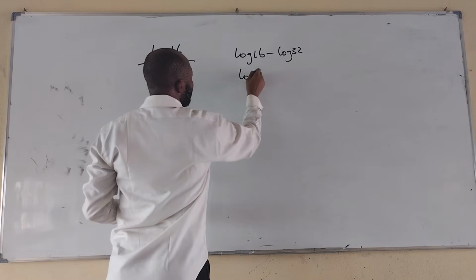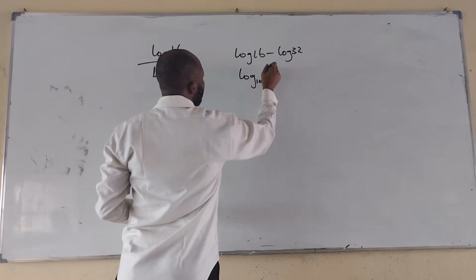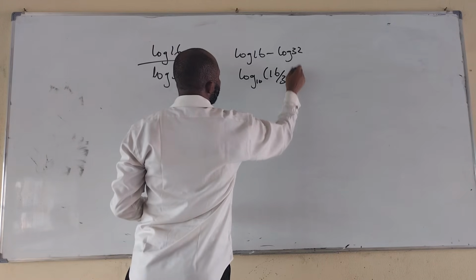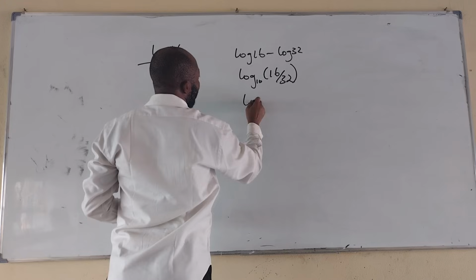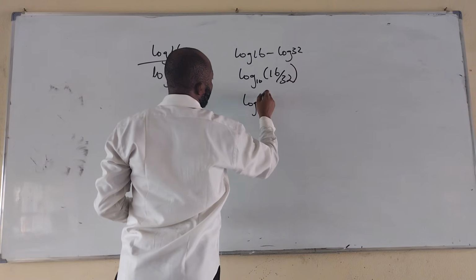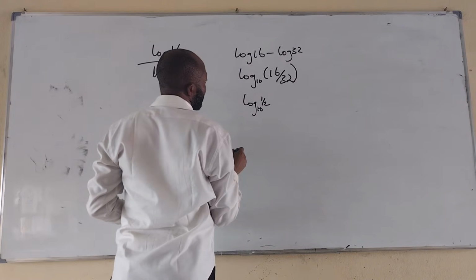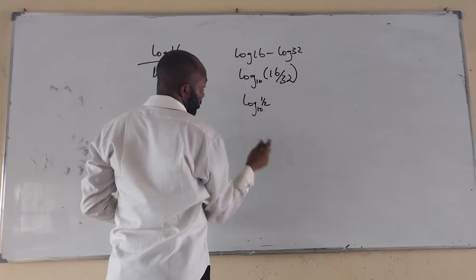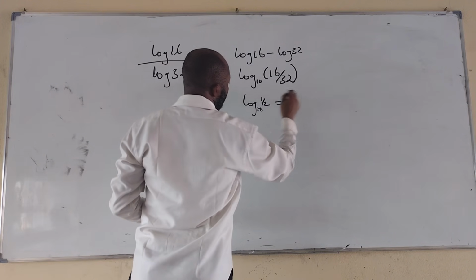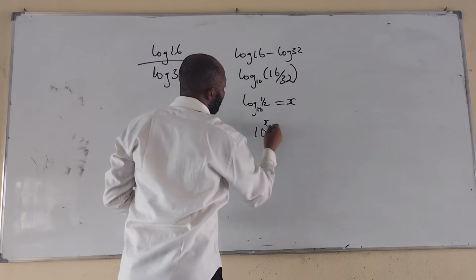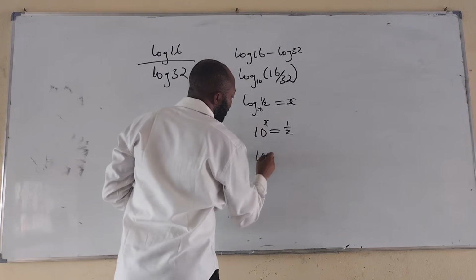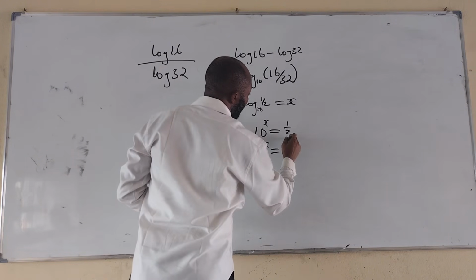Then we can have log in base 10 of 16 divided by 32, which is 1 over 2. We equate it to x. We say 10 raised to the power x is equal to 1 over 2, which is 2 raised to the power minus 1.